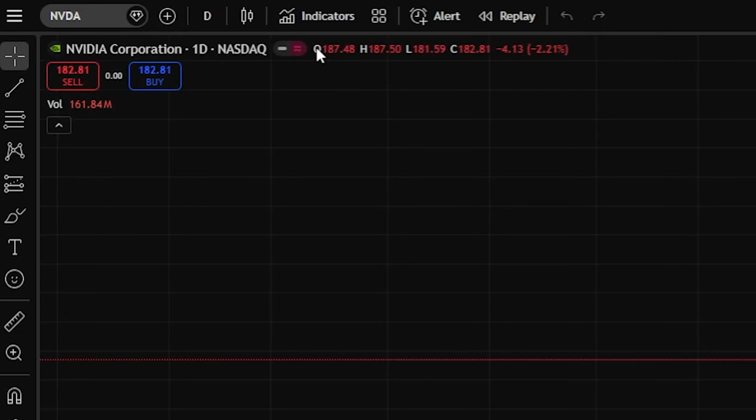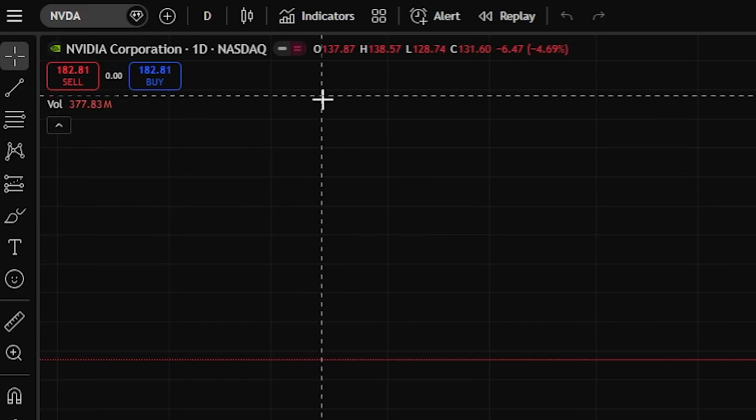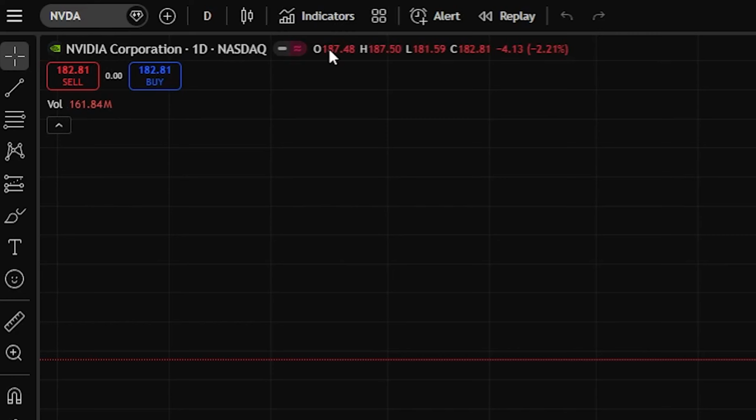And these top areas over here, where the O shows the opening candle, since my cursor is not anywhere, it's showing you the most recent.